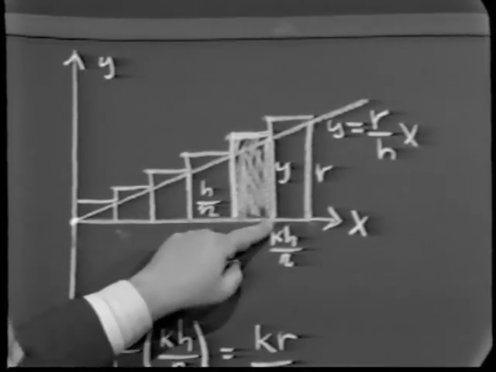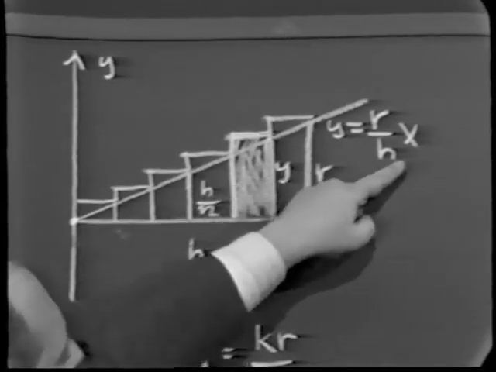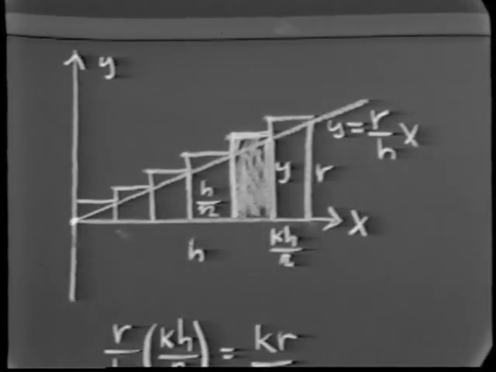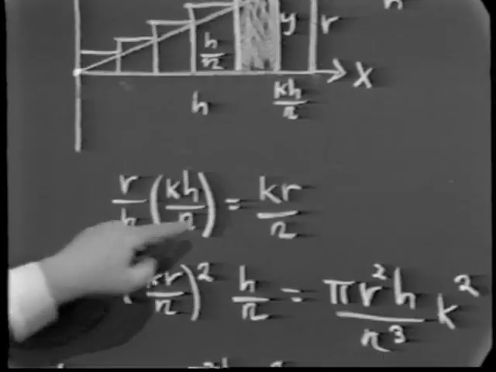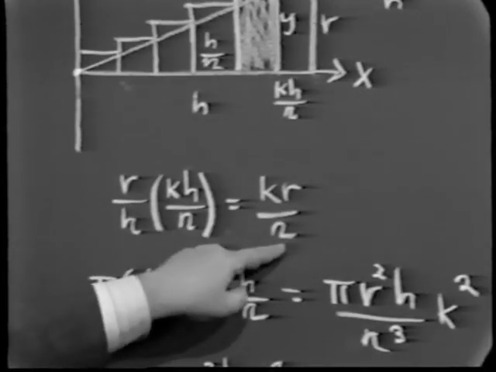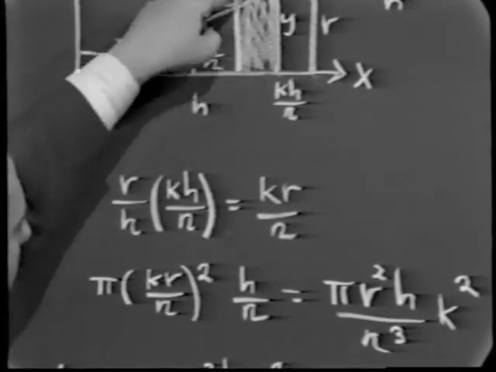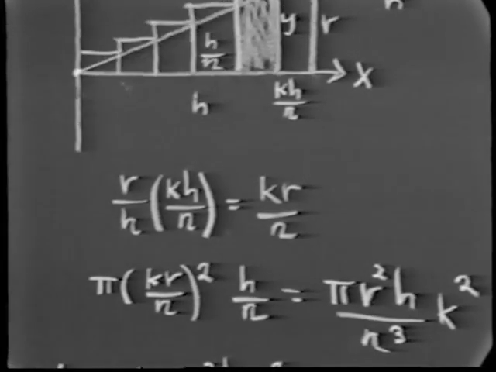Given the x-coordinate, y is determined by multiplying the x-coordinate by r over h. The x-coordinate is kh over n. I multiply that by r over h. That gives me kr over n. That's the radius of the base of this cylinder that we're going to revolve.